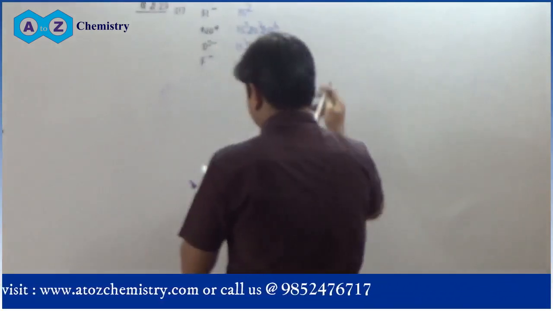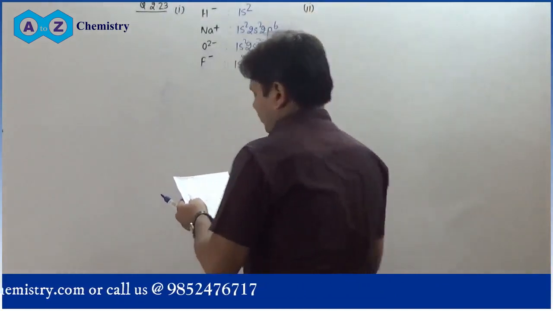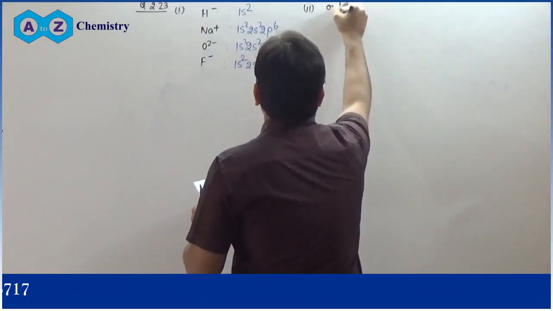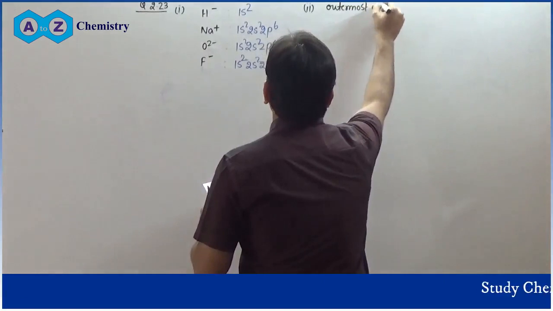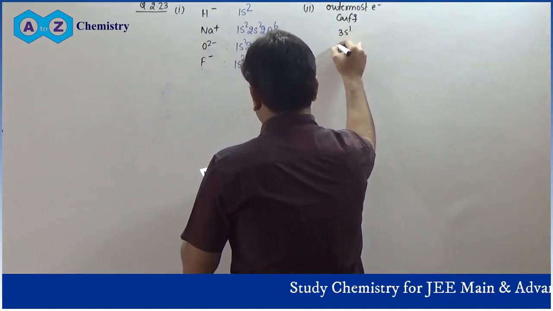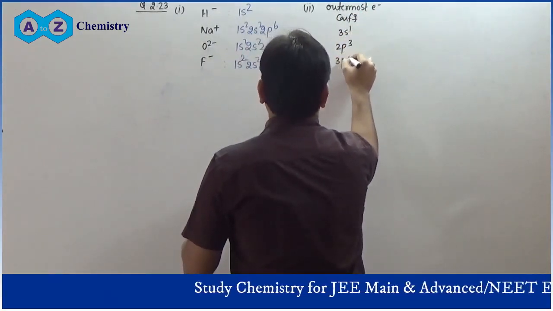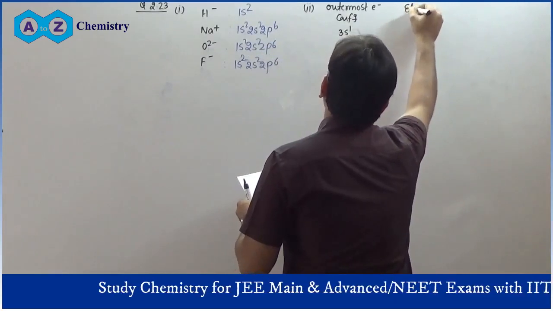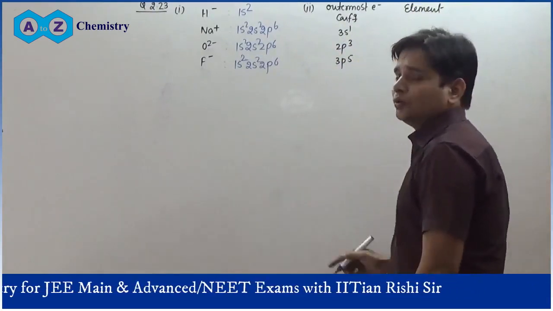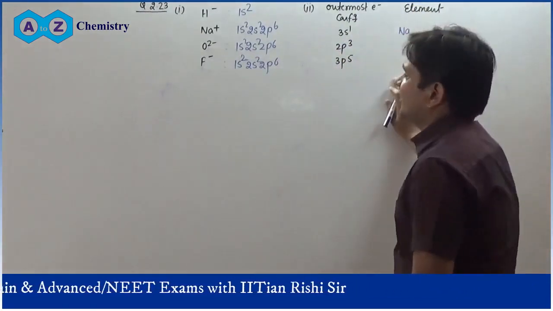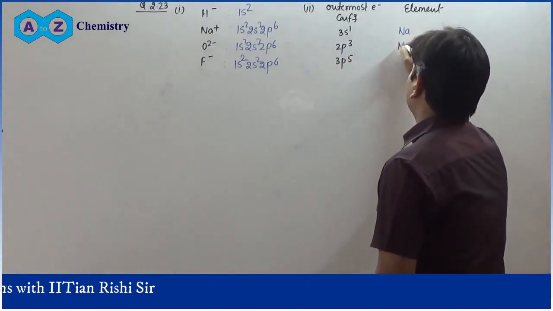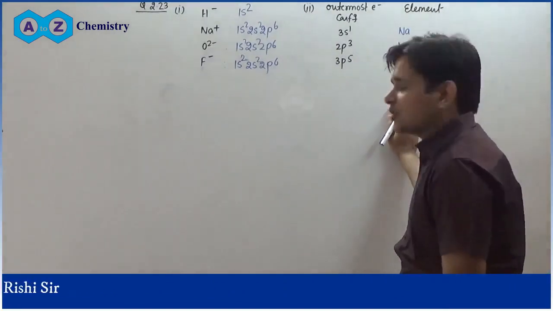Second part: we have to find the atomic numbers of elements having the given outermost electronic configurations: 3s1, 2p3 and 3p5. 3s1 corresponds to sodium, which has 3s1 as its outermost configuration. 2p3 is the configuration of nitrogen, which has 2s2 2p3.